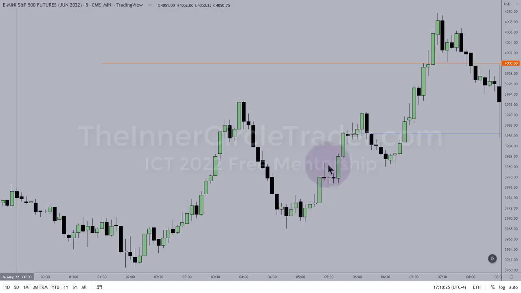Whereas this one has 1, 2. Notice that? Low, high, small little retracement, and then a second level of running. Because it had 2 stages to this delivery, I want to use this most recent one, and this is my dealing range. The short-term low, the short-term high.